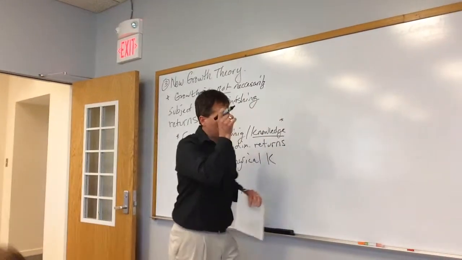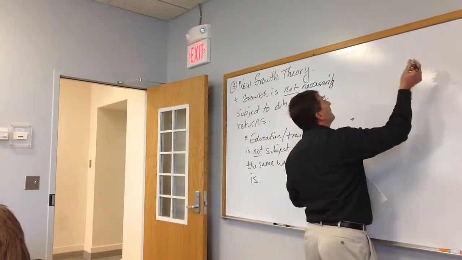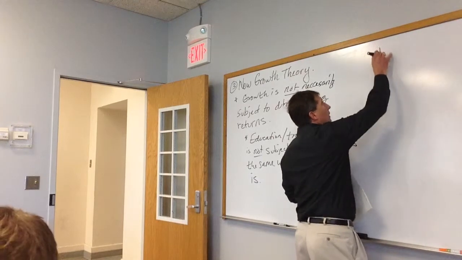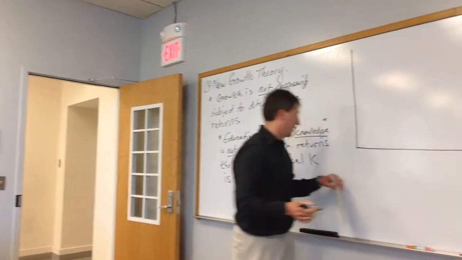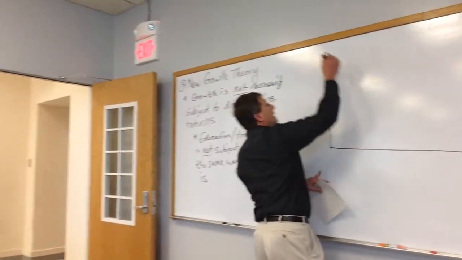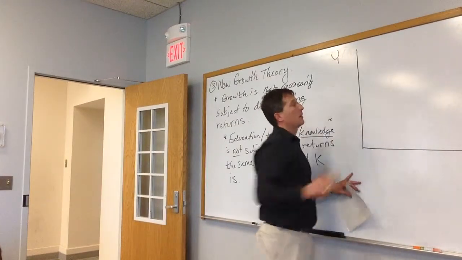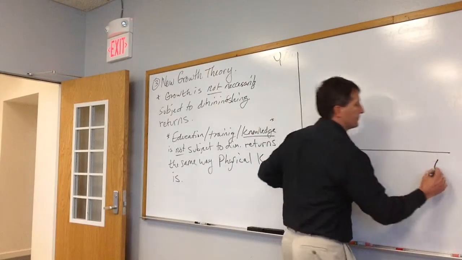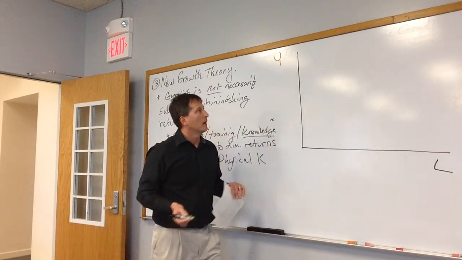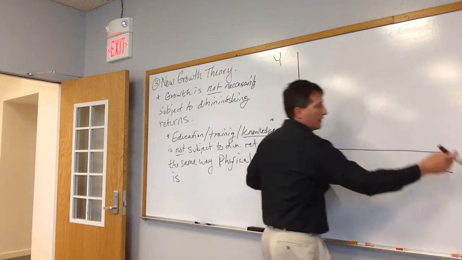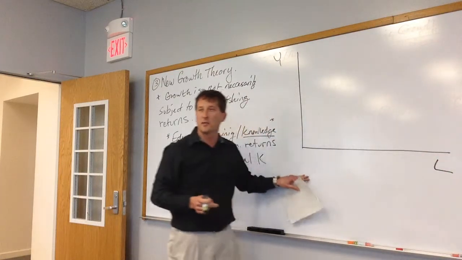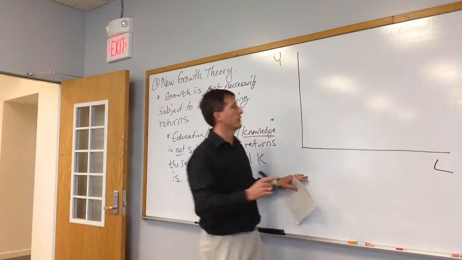Okay, so to motivate this a little bit more, I want to draw the production function. Real GDP on the vertical axis, labor on the horizontal. This is the first graph I put on the board before.